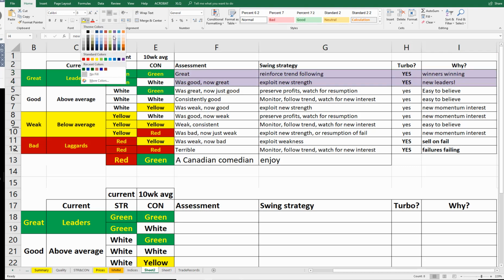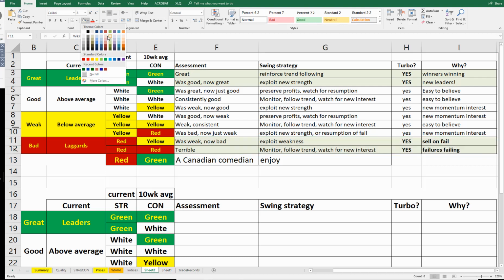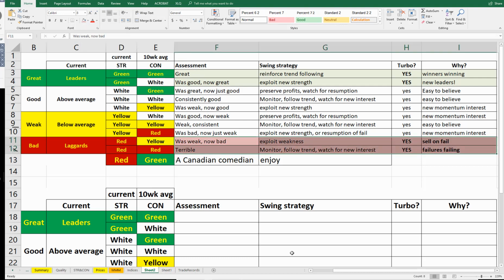Okay. By the same token, down at the other end, as you know, I love the extremes. And so on the extreme candidates, a red on strength and red on consistency is something that's been horrible for 10 weeks, and it's still horrible.